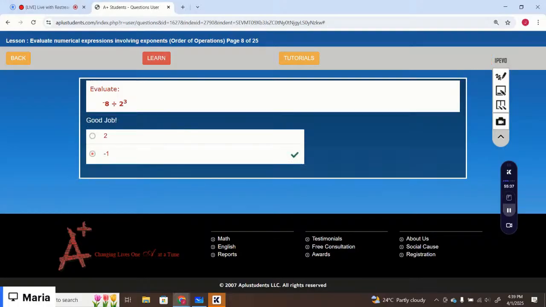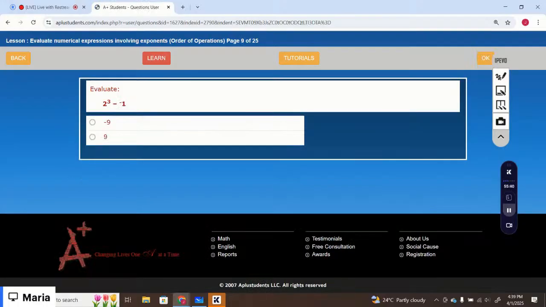Option number two is the correct option. Two cubed minus negative one, which is the correct option? Option number two is the correct option.